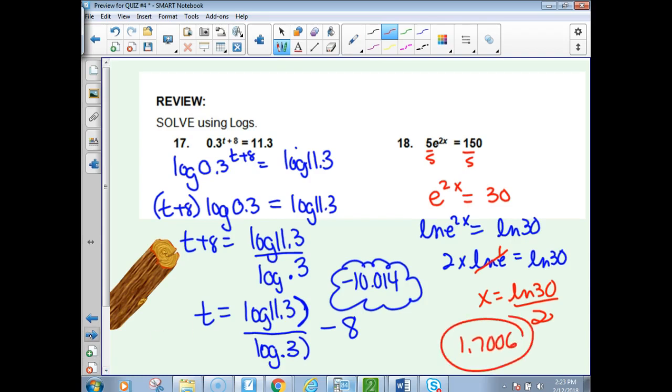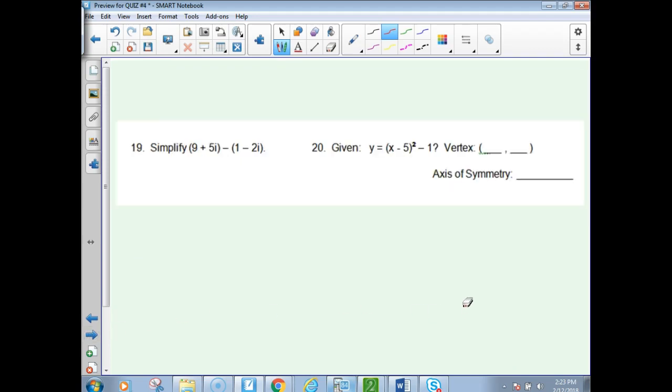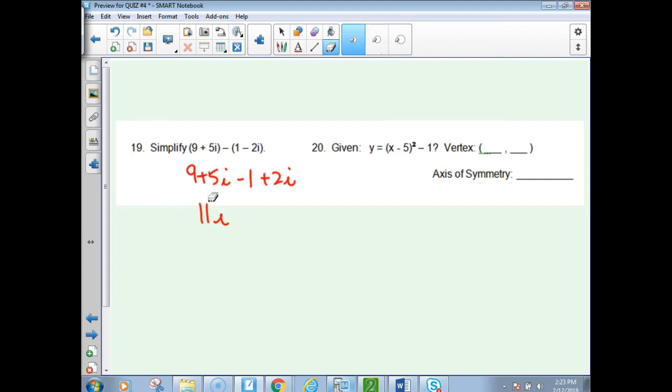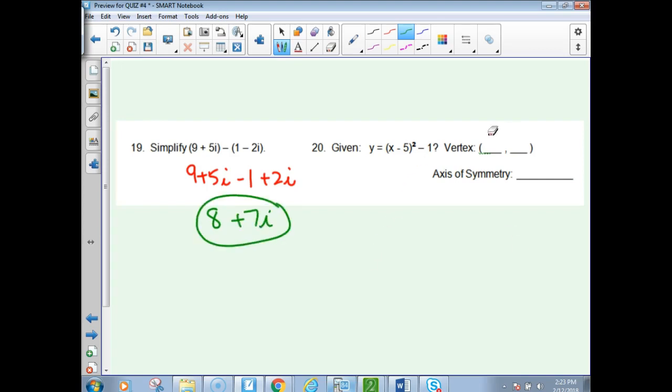All right, and a couple other review blasts from the past that I'm sure you're really excited about seeing. The i simplification. Distribute the minus sign, combine. 5i, and you needed 9 minus 1 first because it's supposed to be in a plus bi form. 8 plus 7i, and the vertex would be 5, negative 1.